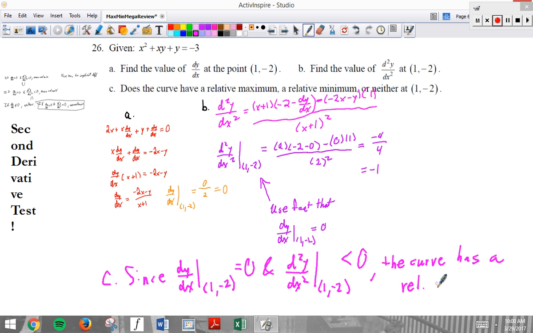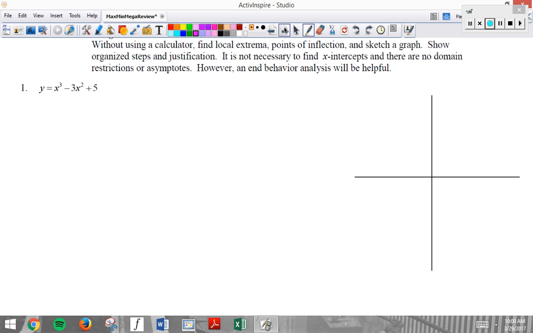Concave down, max at (1, -2). Stop. Okay? Donezo. Next.